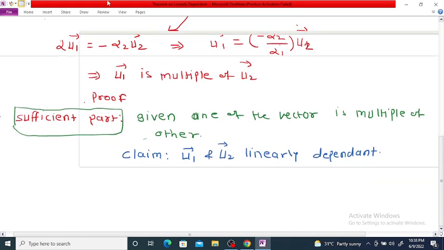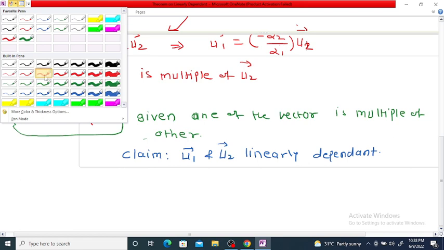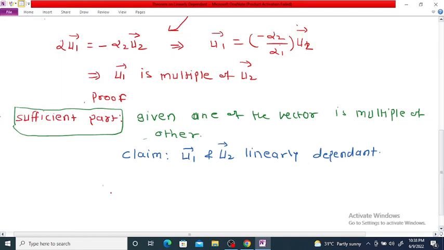So now again, to prove this, let us assume that u1 bar is a multiple of u2 bar.